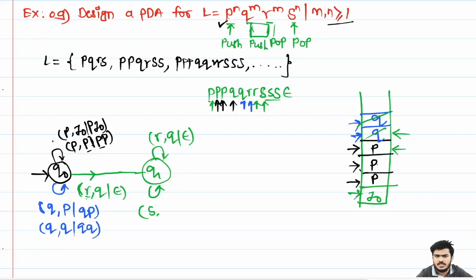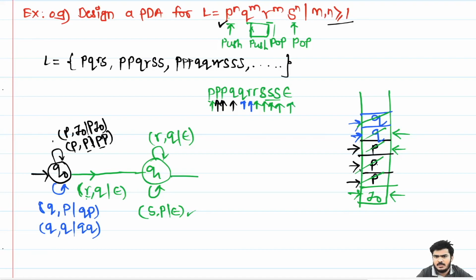So S is the input and the top of the stack is P, so I have to pop. So for this S I have popped this one, and then I move to the next input and the top of the stack is P, then again I will use the same transition. For this S also I will use this transition. Now I have moved, the top of the stack becomes z0 and the input is epsilon.